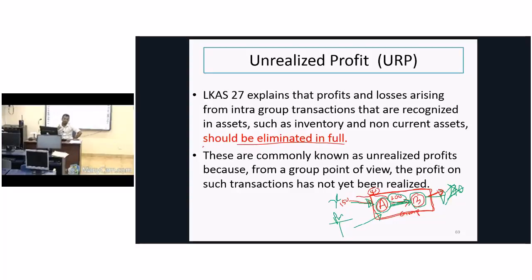Therefore, in this transaction there is intercompany trading. A sold goods to B by adding 50 margin. Therefore, look what has happened. Since A sold goods to B by adding 50 margin or profit, and B has not sold anything to outsiders, there is artificially added profit of 50 inside this.